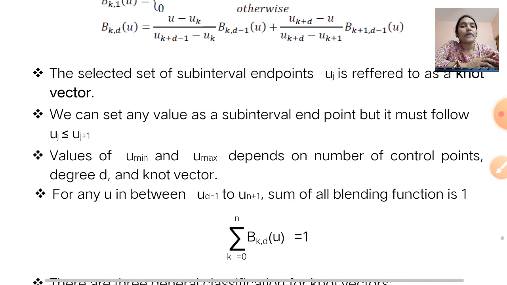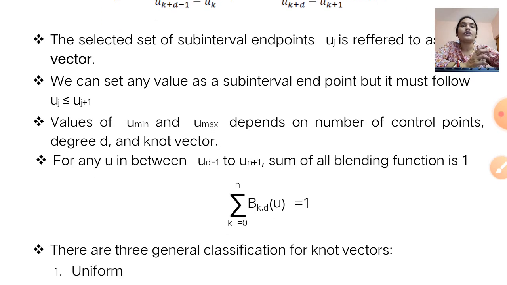Then the values of u_min and u_max depend on the number of control points, the degree and the knot vector.